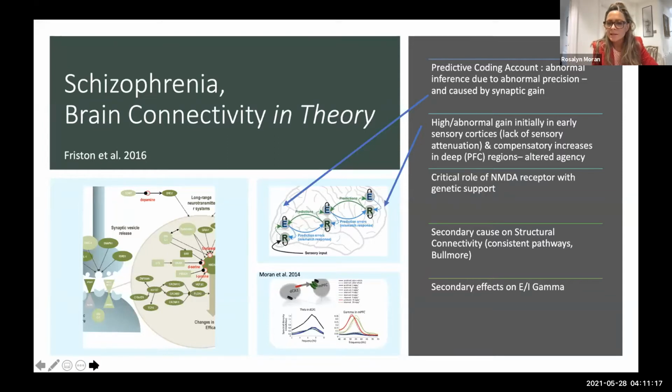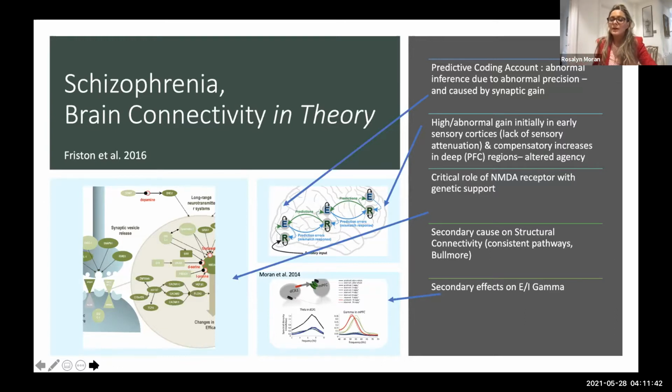The paper makes the claim that the structural connectome changes are secondary to this synaptic efficacy change, so that you see changes in activity-dependent myelination potentially, and also pruning because of the changes in receptor levels and their functional efficacy. And so secondary changes in white matter tract might occur later.